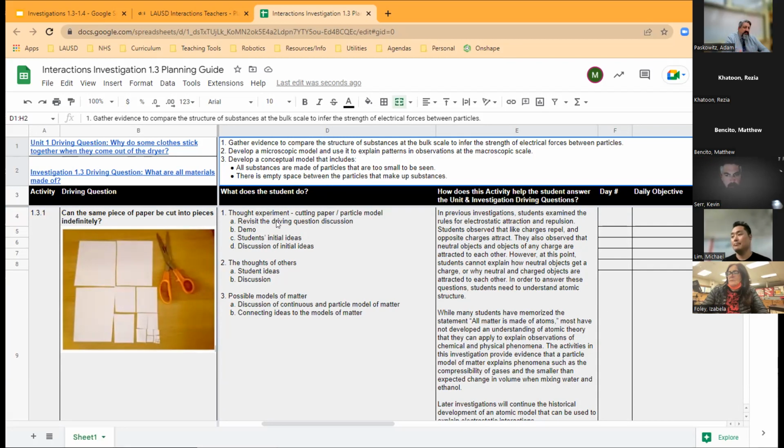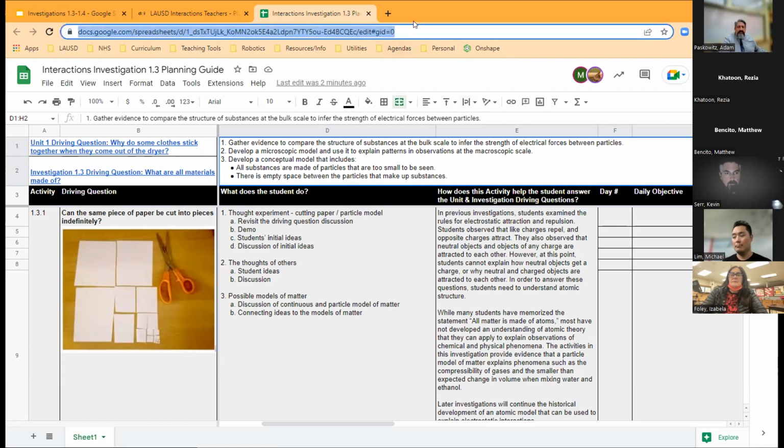And if I keep cutting it smaller and smaller, I get smaller and smaller pieces of paper. And then we ask the students, is there some point at which I could cut it and it would no longer be paper? Or do I just get smaller and smaller pieces of paper forever and ever? And then we have a nice, rich discussion on that.